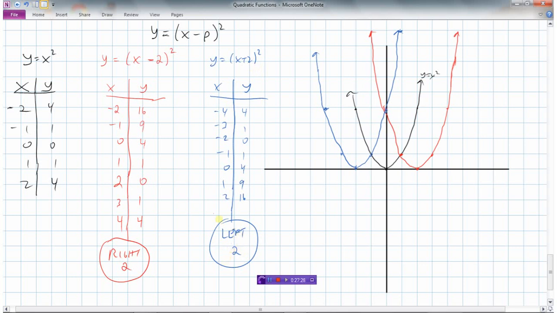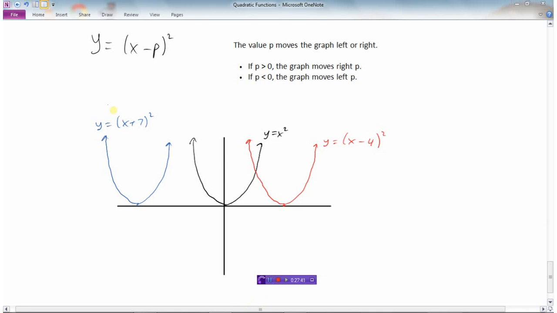So it looks like if you play around with the x and you replace x with something before you square it, you're going to end up moving the graph left or right. So if we have y equals x minus p squared, we know now that the value of p moves the graph left or right. If p is greater than 0, the graph would move to the right p.